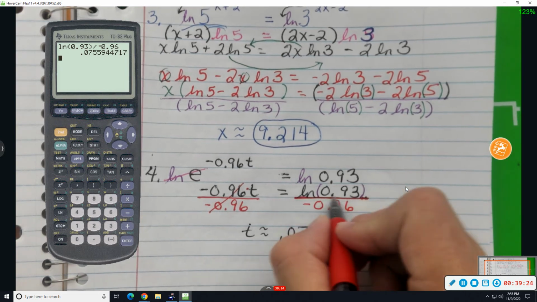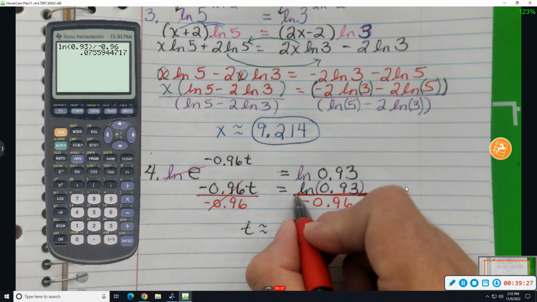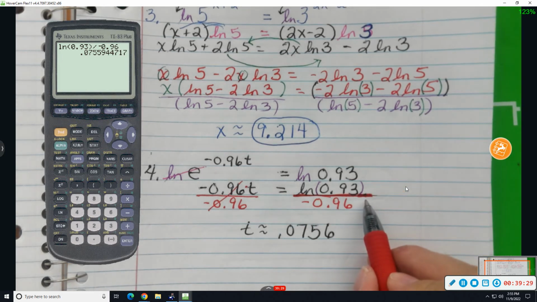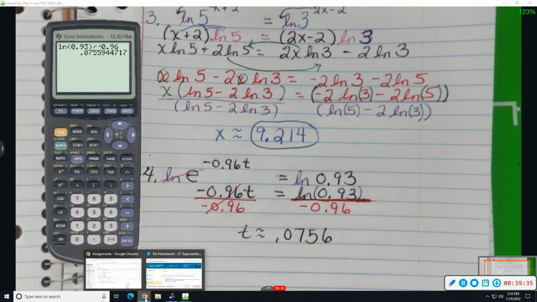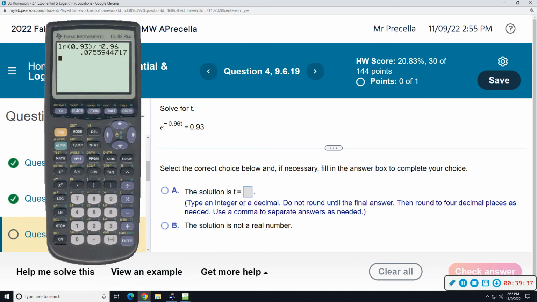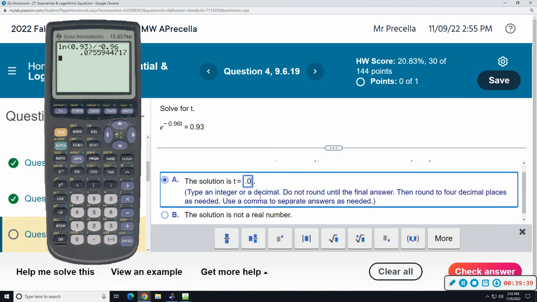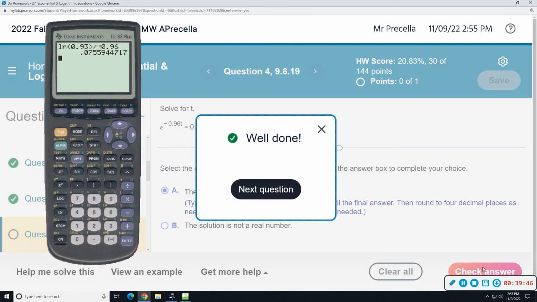Well, I think I've successfully made it look worse. But that thing right there is not a decimal point. I don't know what happened there. So the answer is 0.0756. Check your answer.